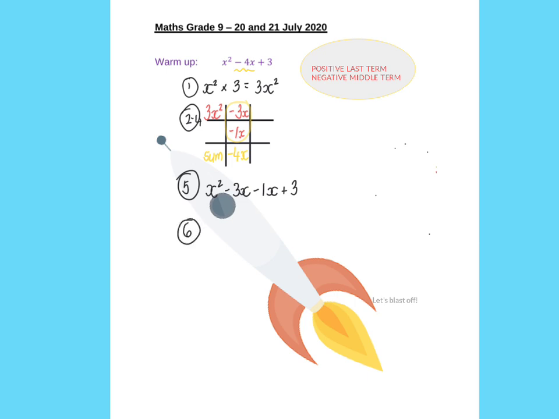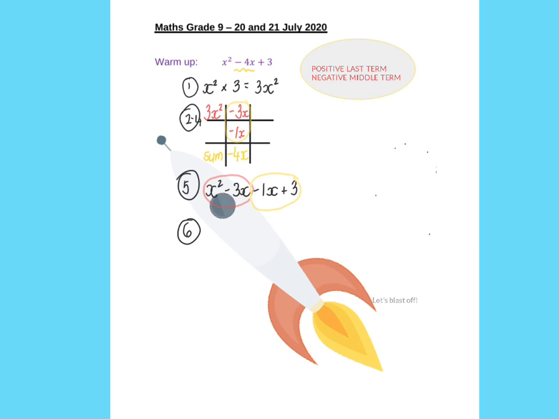Well, we first have to group it, but we factorize it when we make groups. We're creating common brackets in that sense. So I'm going to group together these two as always, and then these two as always. In my first group, I have x as a common factor.